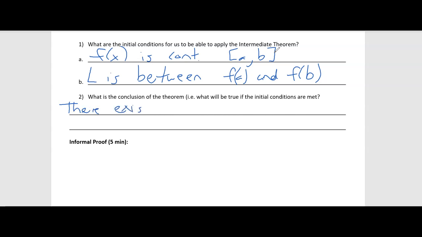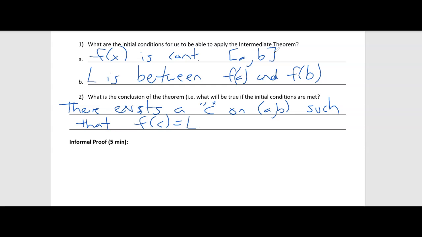This theorem doesn't tell us where the c value is, it just tells us it exists. There exists a c on the open interval a to b such that f of c is equal to L.